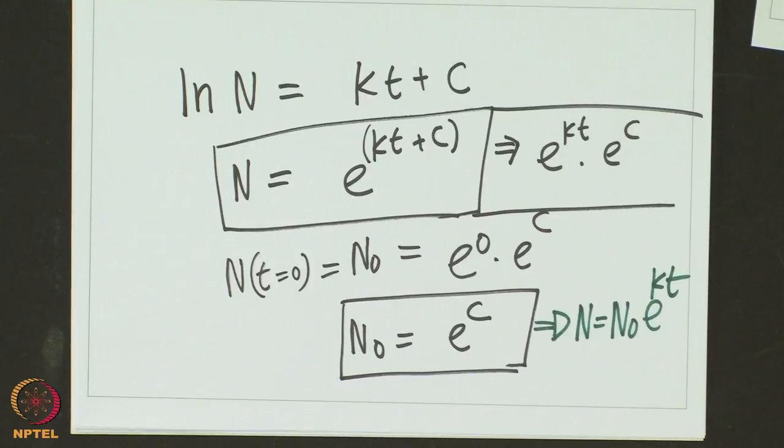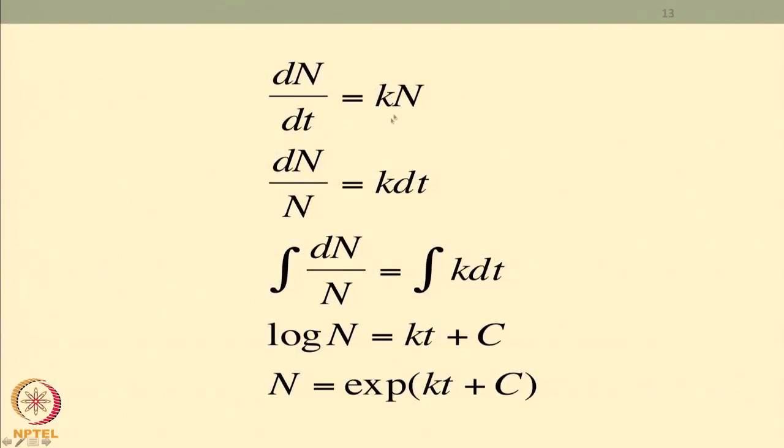So let us see what we have here. We had dN/dt is equal to kN. I take dt this way and N this way. So dN/N is k dt. I can integrate on both sides. So this is the integral of 1 over N, and the integral of a constant times dt.